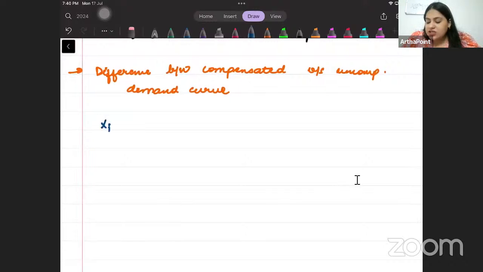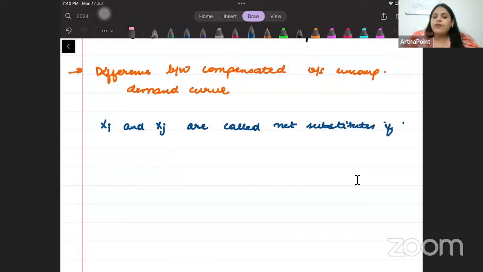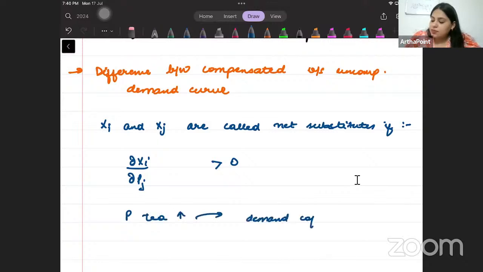Xi and Xj are called net substitutes if del Xi by del Pj is greater than 0. बेटा ये definition तो हमने पहले भी पढ़ी है. अगर प्राइस जब T का बढ़ता है उससे डिमांड अगर कॉफी की बढ़े, when price of tea increases, people shift towards coffee, demand of coffee increases, तो यही तो substitutes हैं. तो इसमें हमने अलग क्या किया? What's the definition? How has it changed?